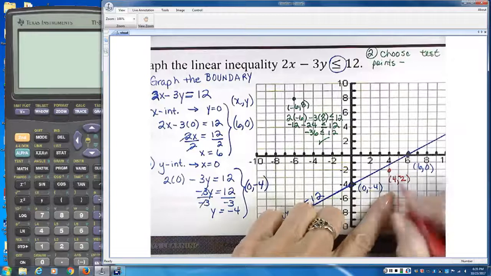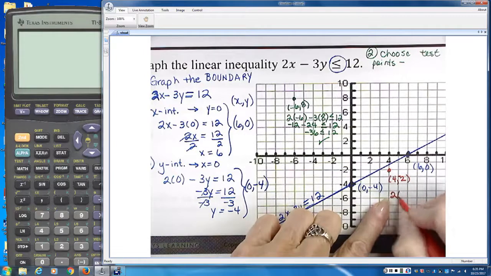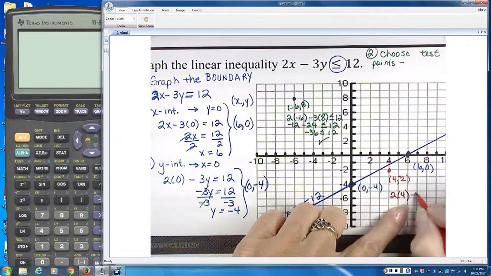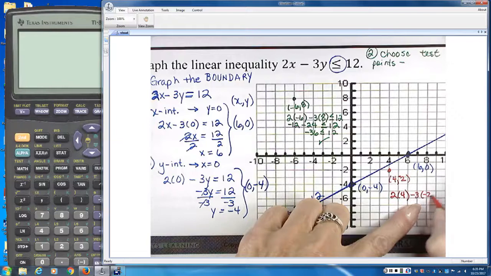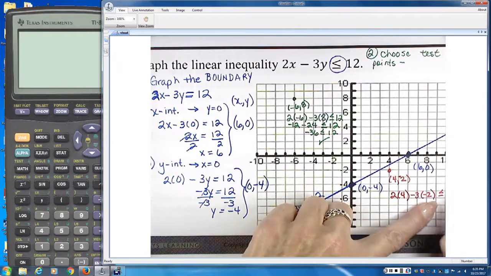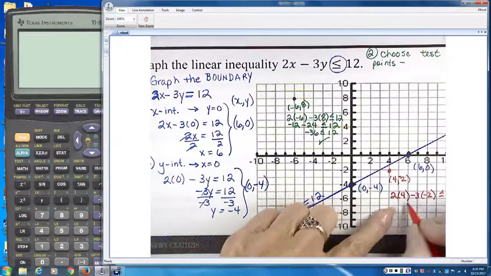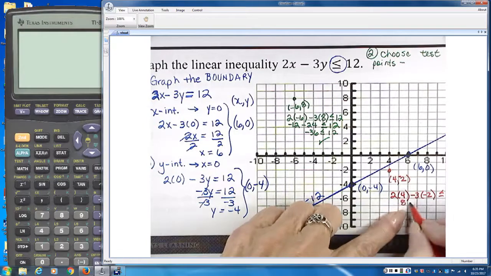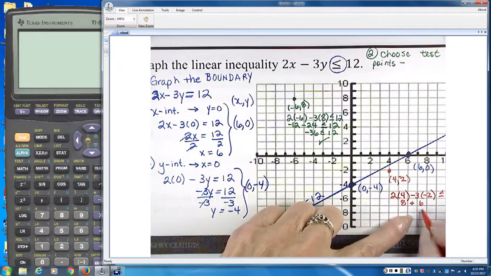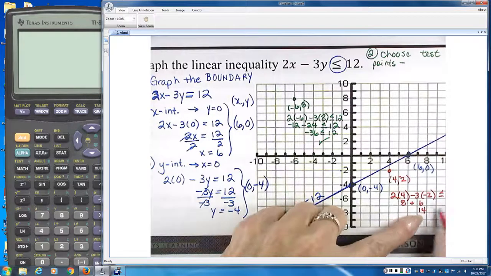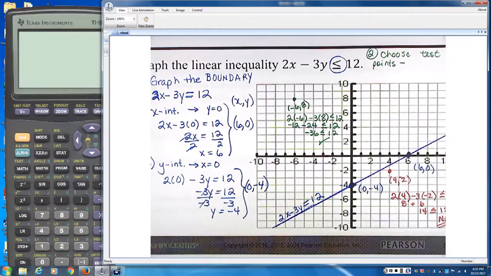This one, on the other hand, 2 times 4 minus 3 times -2, if we try to say it's equal to or less than 12, we get 8 plus 6, which is 14, and 14 is not equal to or less than 12. Okay?